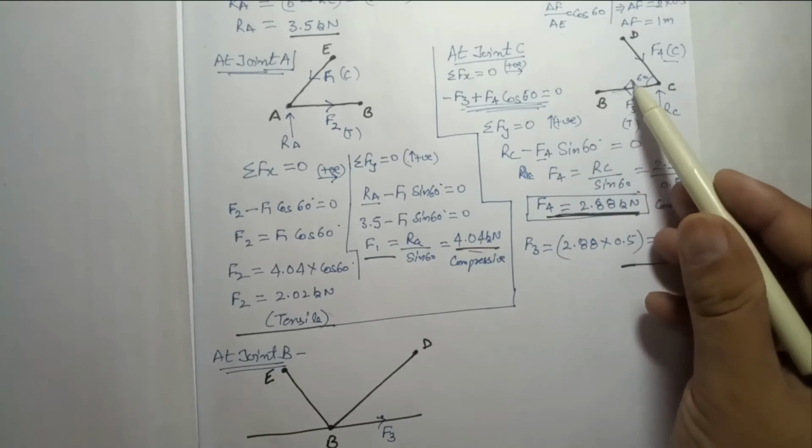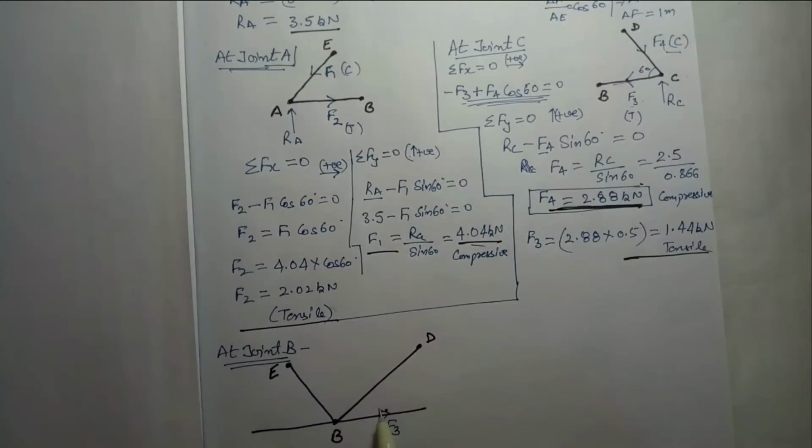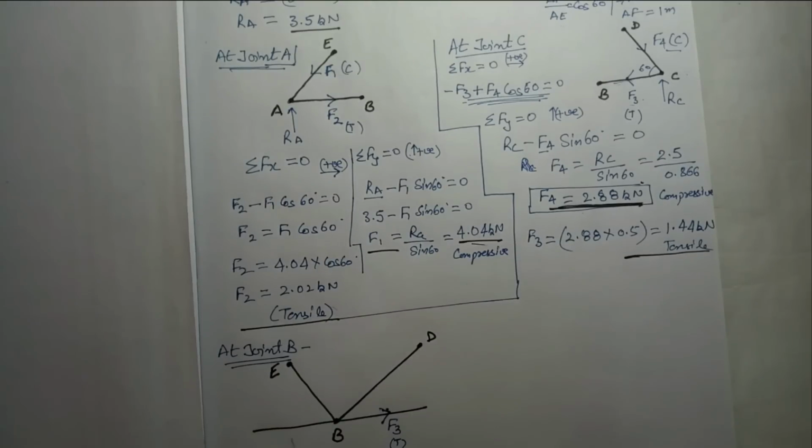F3, it was tensile coming in this direction, but for this B it will be tensile in this direction. Remember this thing, this is tensile. We have calculated F2, it will be this, and we have calculated the value and it is tensile. So do watch that. I have discussed all about the direction system.